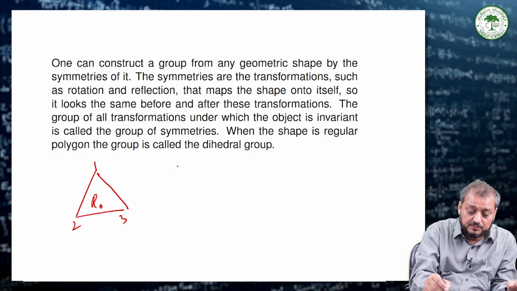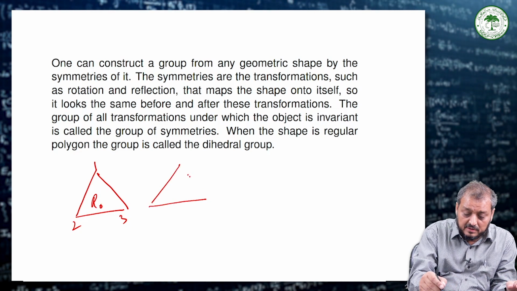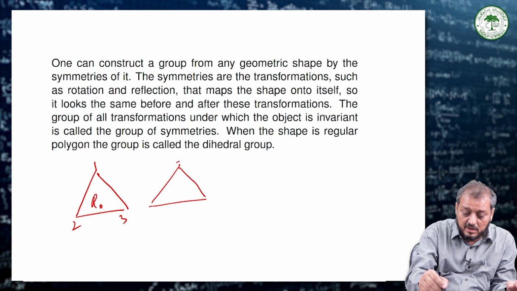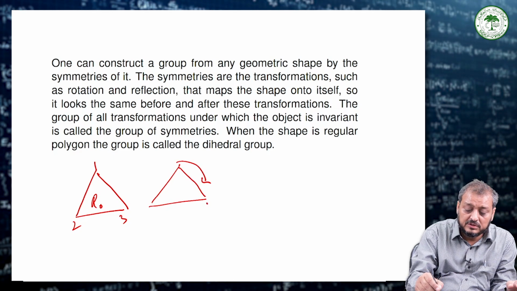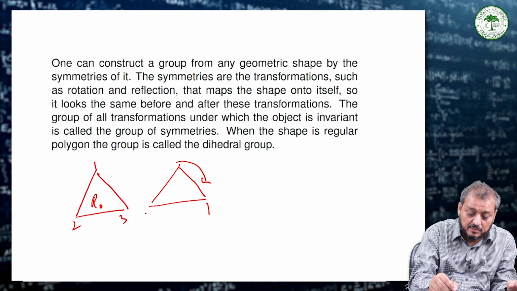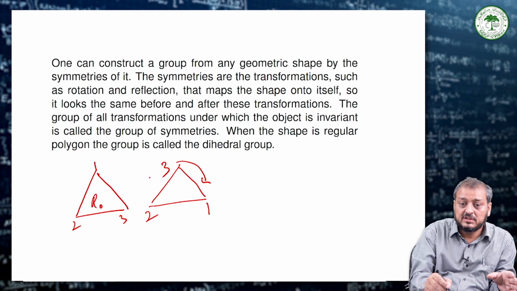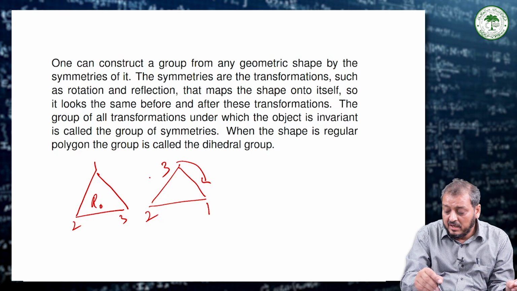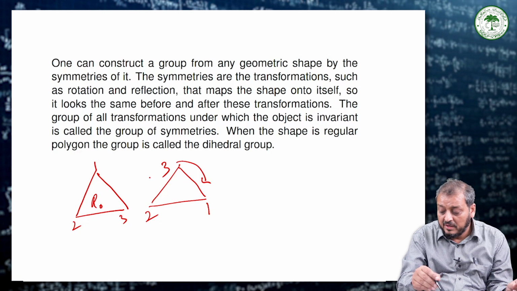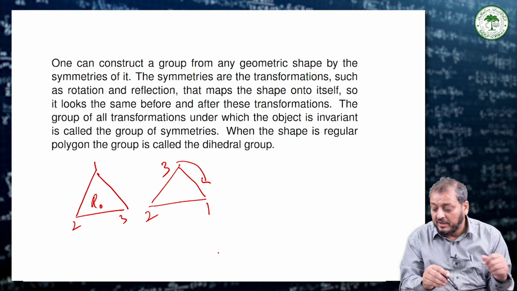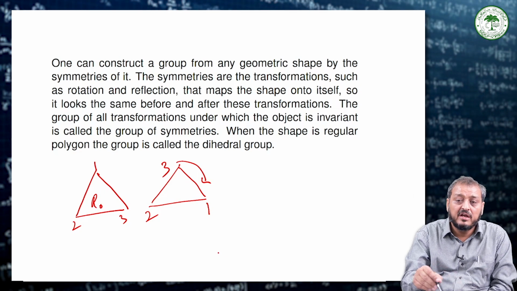If we rotate it again, then 1 goes to 2, 2 goes to 3, and so on, and there is a change. Through this way we can write the rotations.